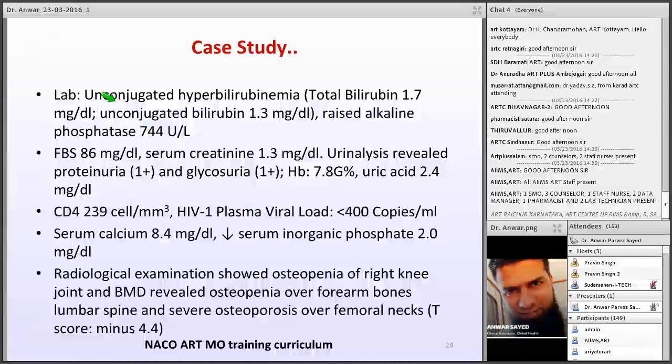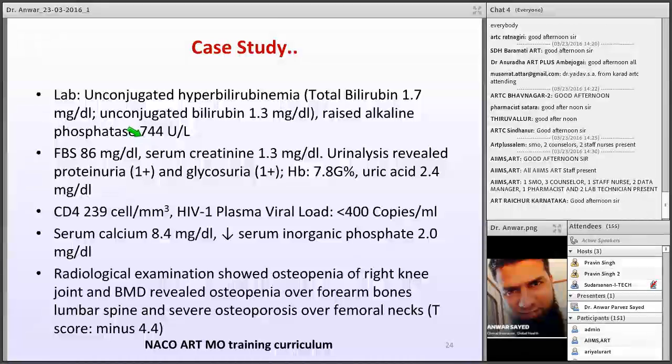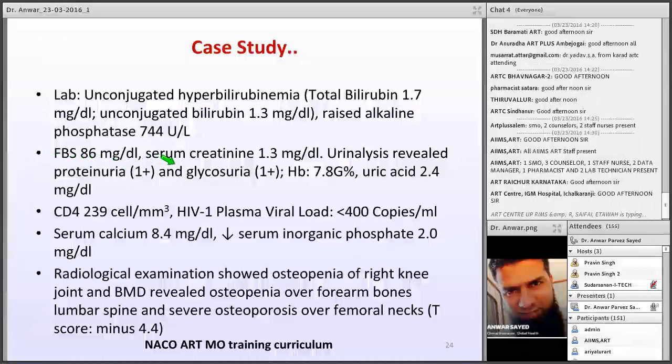Lab investigations showed unconjugated hyperbilirubinemia, that is raised bilirubin, and alkaline phosphatase was raised, it was 744 U/L. Fasting blood sugar was normal, 86. Then serum creatinine was 1.3, raised.